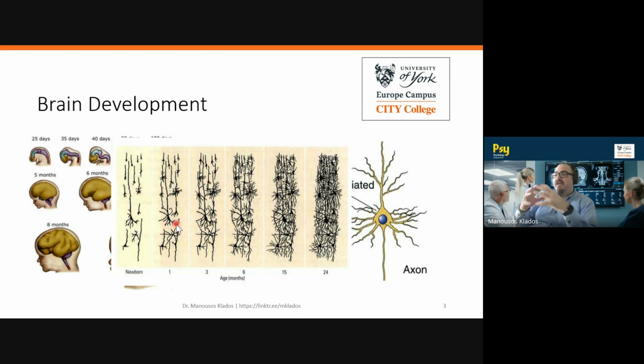They form denser grids because of the synapses, and these synapses happen because of the experiences that the kid has in the first ages of his or her life. After 2 years, we have a very dense network of connections that is responsible for understanding our environment, but also for reacting to our environment properly.